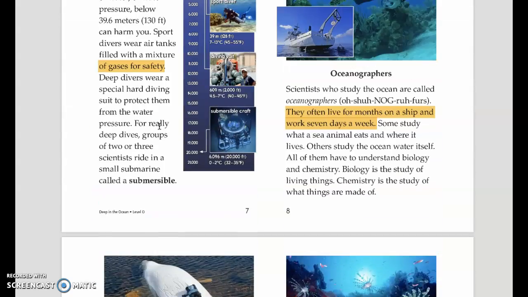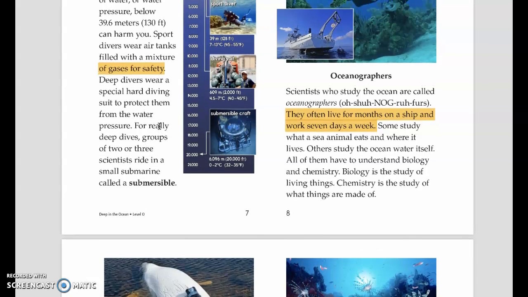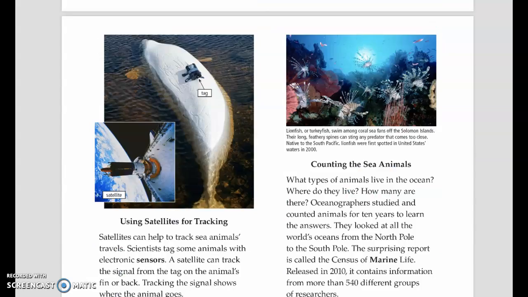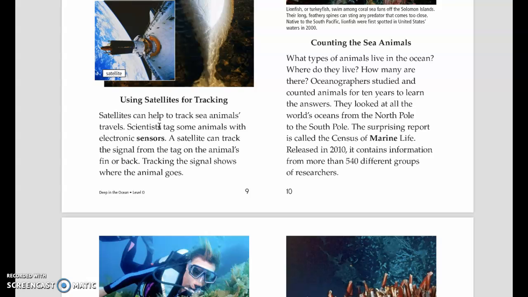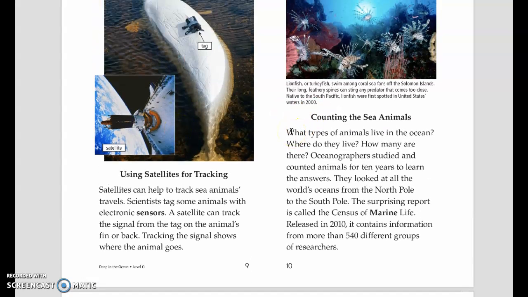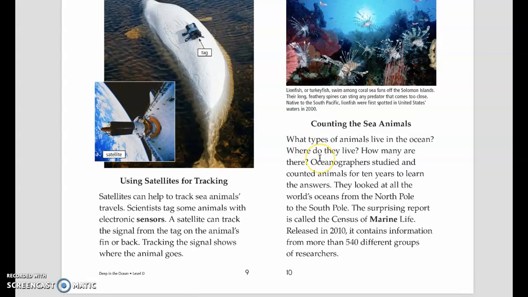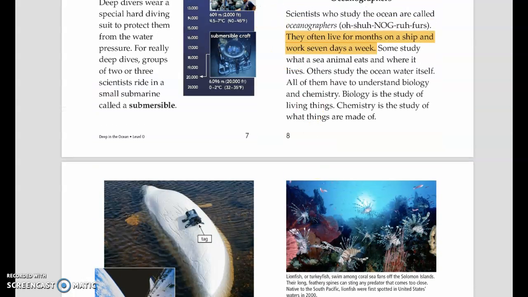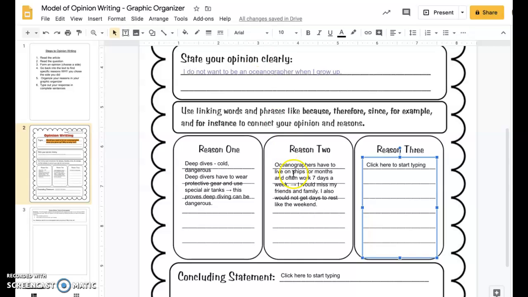So there's no other real reason that I wouldn't want to be an oceanographer, right? So I'm going to leave it at my two reasons.